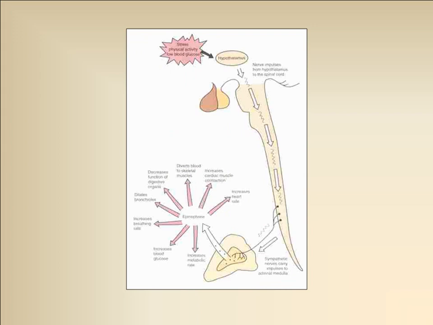Now the other part, the medulla, is where epi and norepi are stored and produced. We come down through the spinal cord here, and there's a part that goes off that, as long as everything's functioning, stimulates the medulla to produce and release epi and norepi.